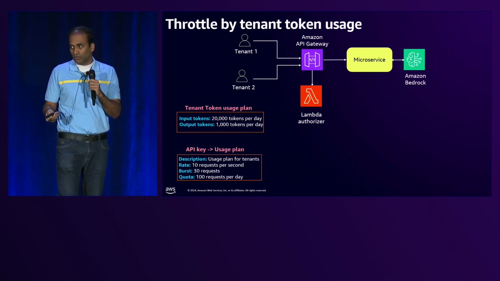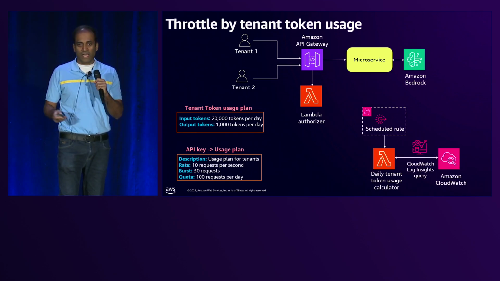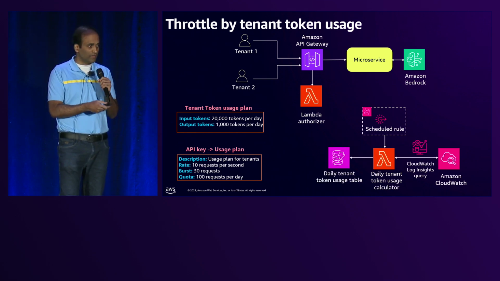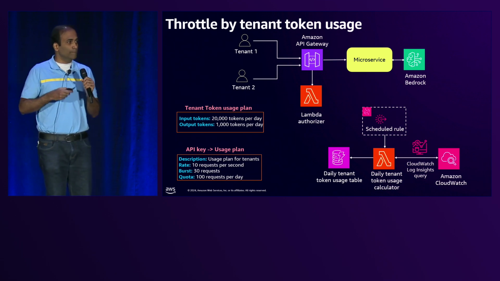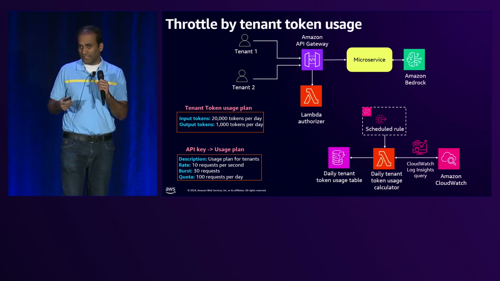For that, you could build this simple architecture: some kind of Lambda function which queries your CloudWatch logs, aggregates those input tokens and output tokens across your tenants, and pushes that into some kind of DynamoDB table. Based upon how real-time you want this information, you could build a more robust architecture to get this real-time generation of tokens.